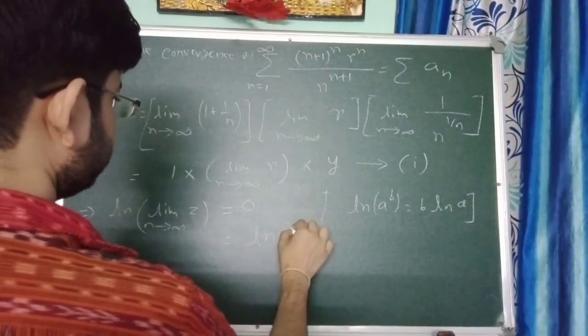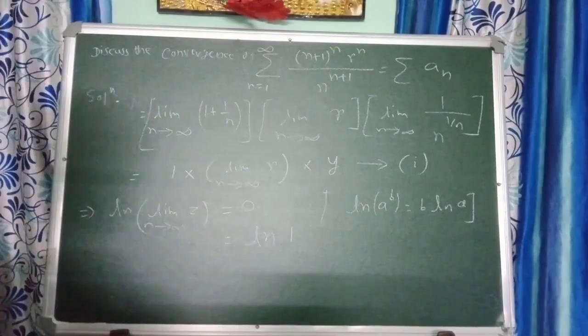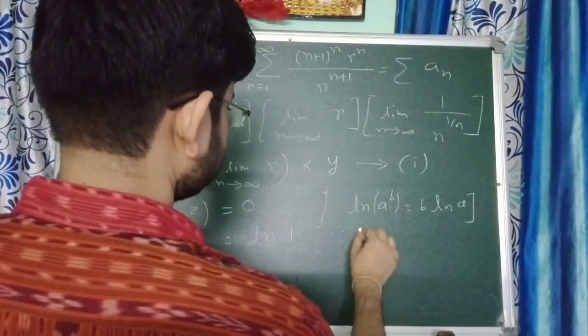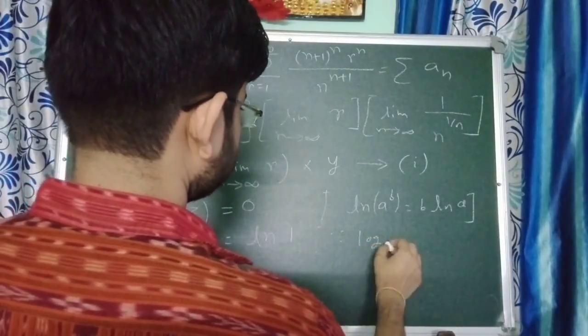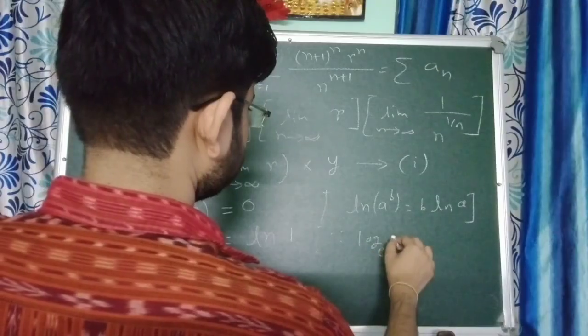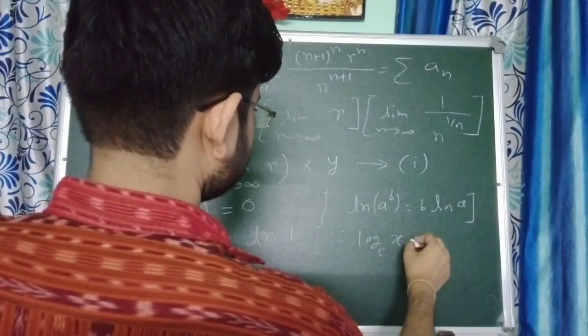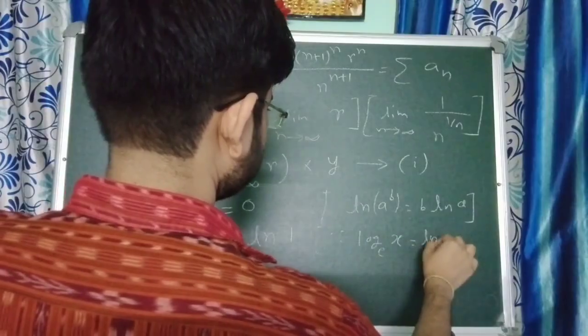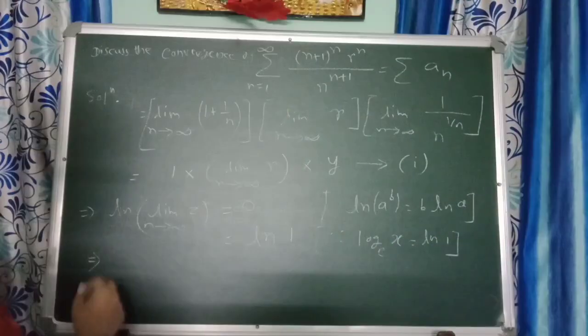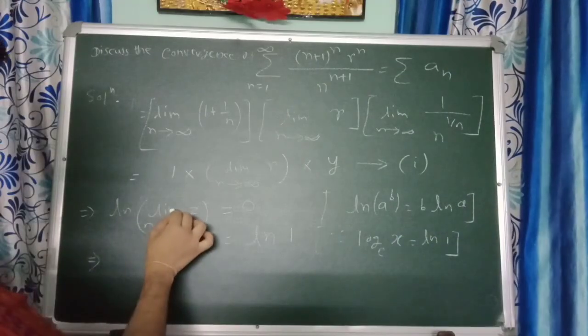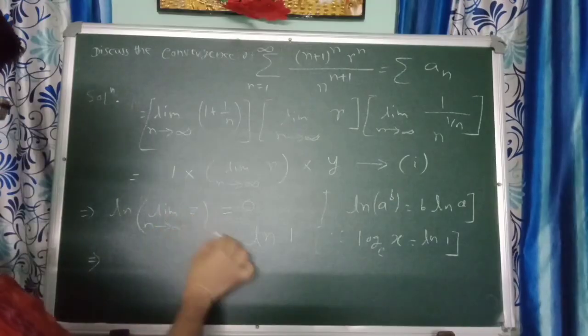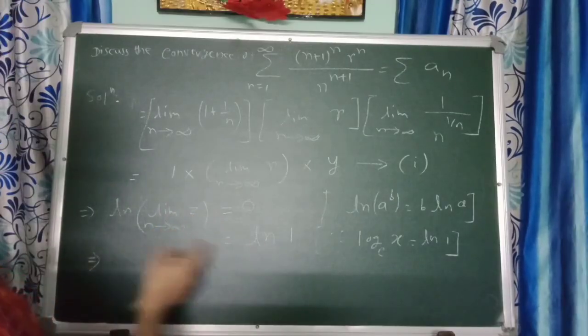Which can also be written as log of 1, since we know that. So we have log of limit n tending to infinity z equals log of 1.